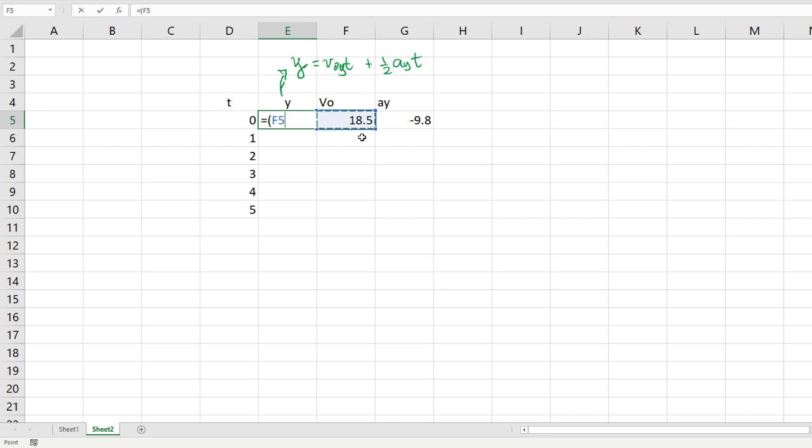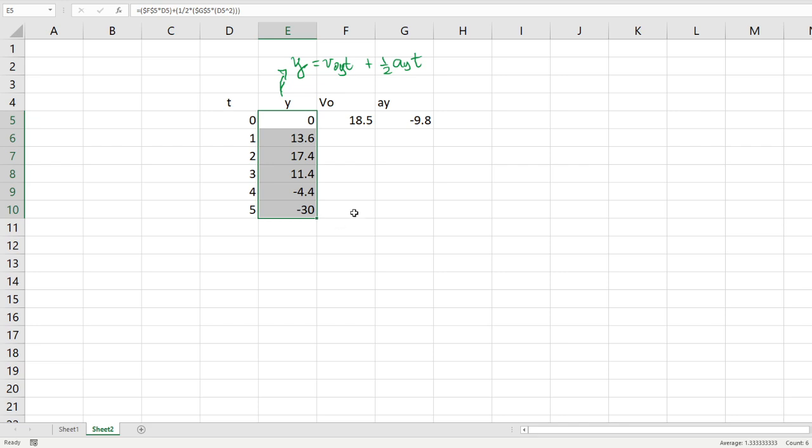Okay, so to set that up, we just follow the formula. We anchor this one multiplied by the time, plus 1/2, we anchor it again with the acceleration times t squared. Just click OK and drag it down.